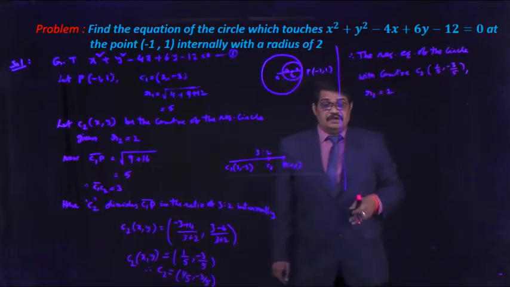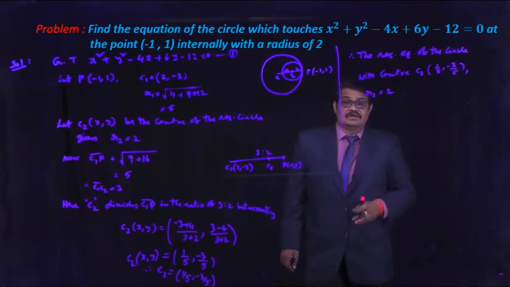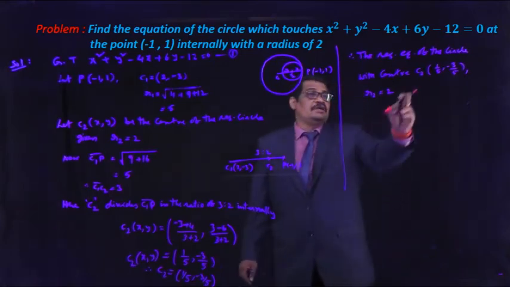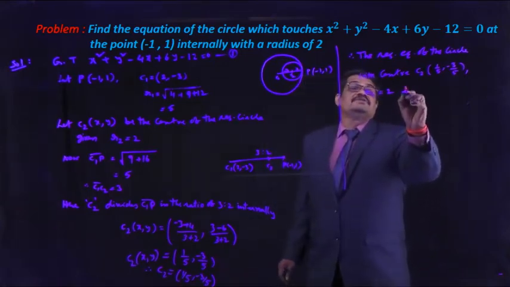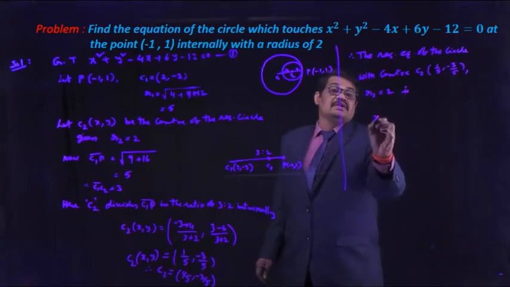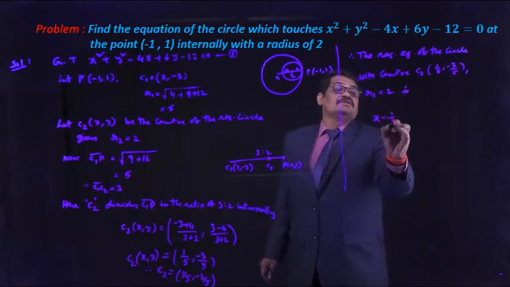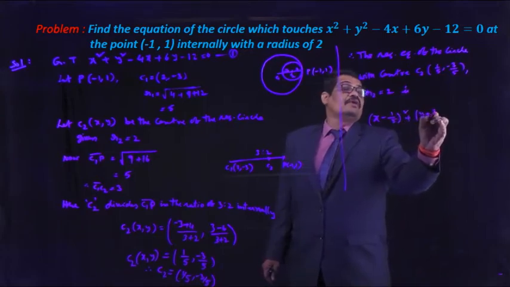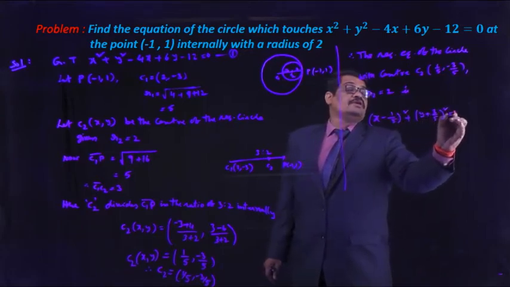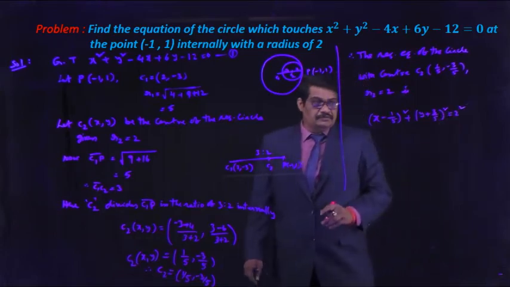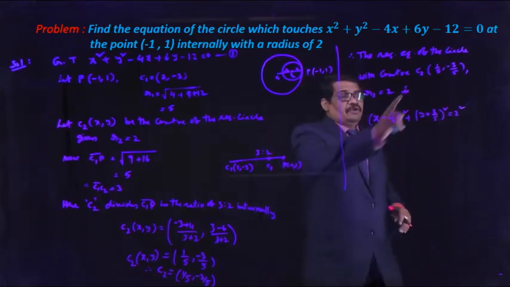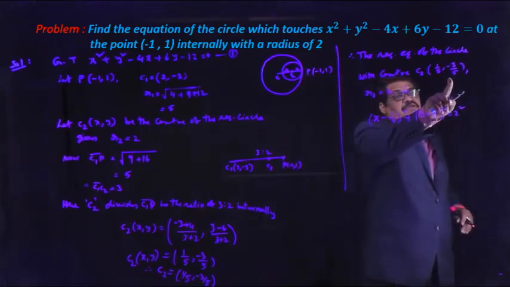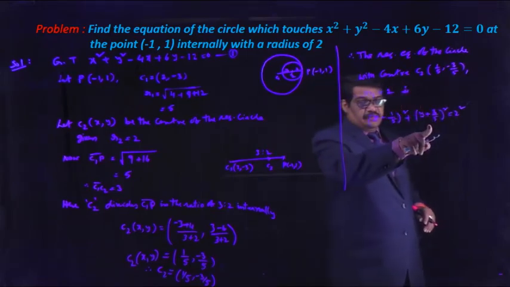The radius of the required circle is given, R2 is 2. Okay, center and radius of the circle, what is the circle equation? Center and radius: x minus x1 whole square plus y minus y1 whole square is equal to r square. Here x1 is 1 by 5, y1 is minus of minus 3 by 5, that is plus 3 by 5 here.